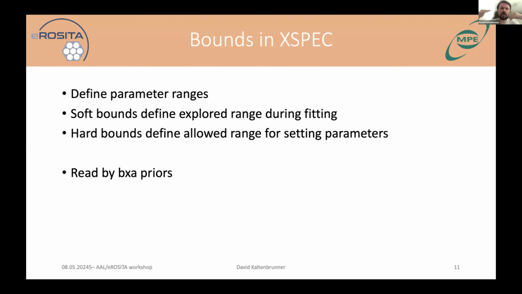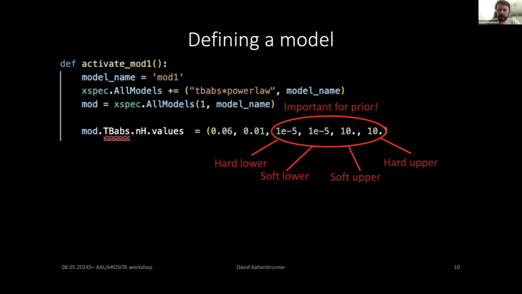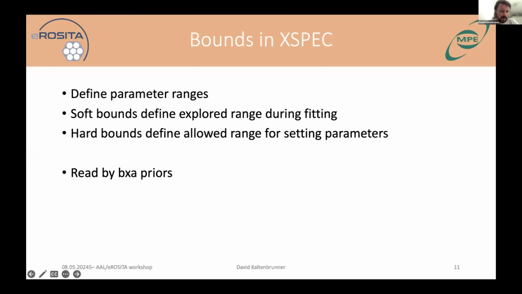For example, if you want to calculate the flux of only one single component, and then you set all the other normalizations to 0. What currently is an issue with BXA is that it is using the hard bounds for the priors. So if you want to have your priors set only on a specific range, you will have to set the hard bounds to this range, but this will be changed.